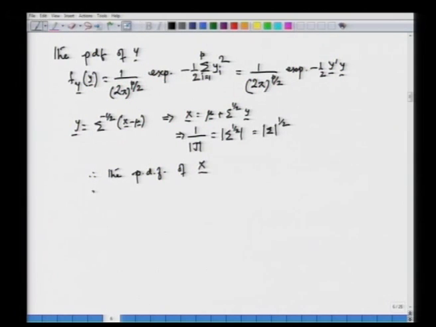So, with this in the background, I can write the PDF of our original random vector x, f of x. The constant term remains as such, 2 pi to the power p by 2.